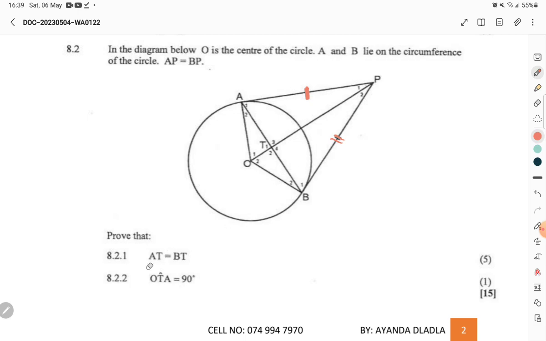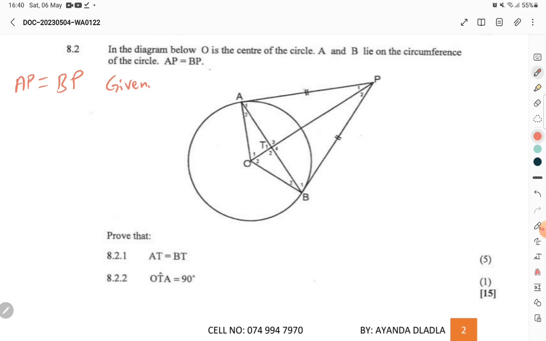By the look of the diagram itself, we can see some properties of a special quadrilateral over here. So you can think of a kite. Now we can tell that AP is equal to BP, that's given, right?